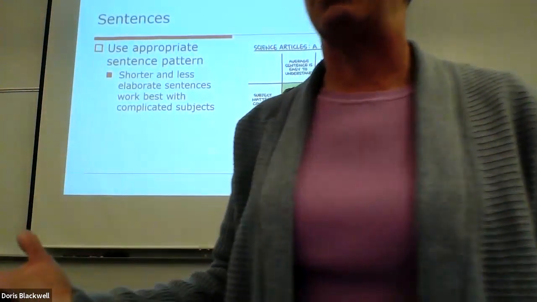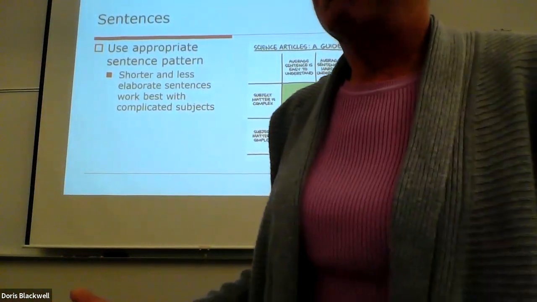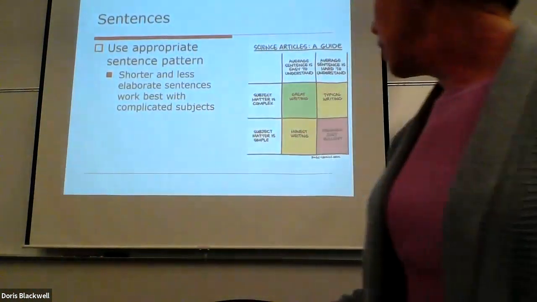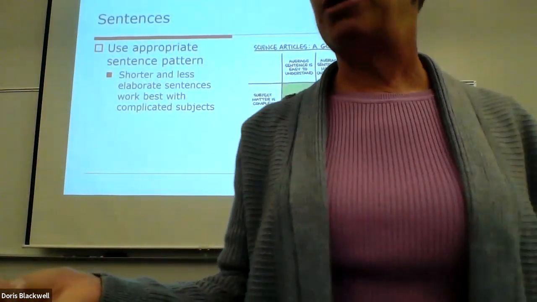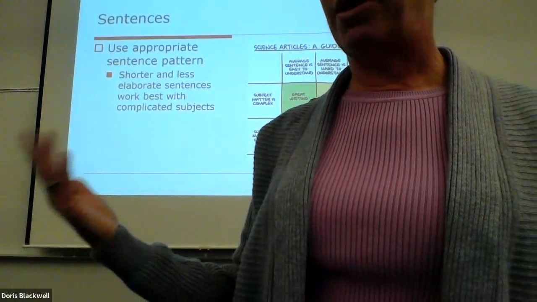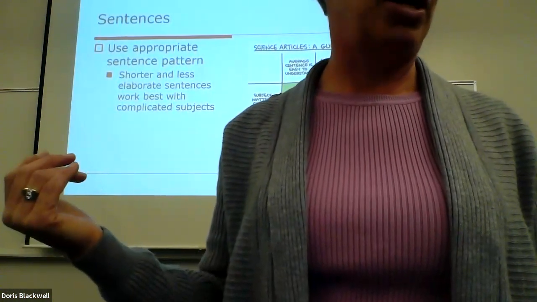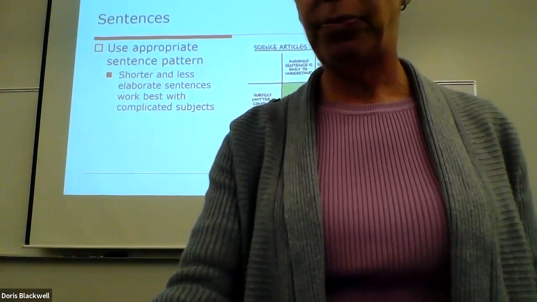I don't know what these things are that they're talking about, right? That's kind of typically how we write. And then if our subject matter is simple and our average sentences are hard to understand, that's probably trying to BS something, right? Like something wasn't really all that complicated or significant. We're trying to make it seem like it is that way.